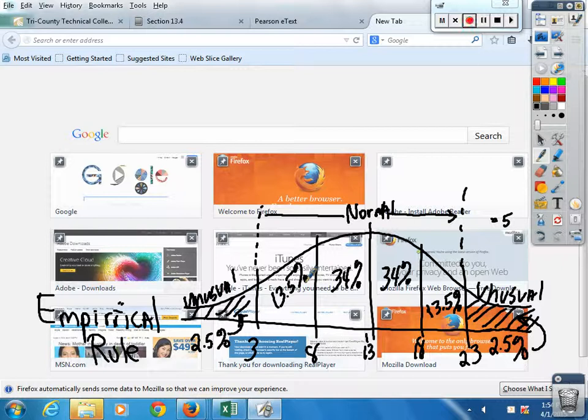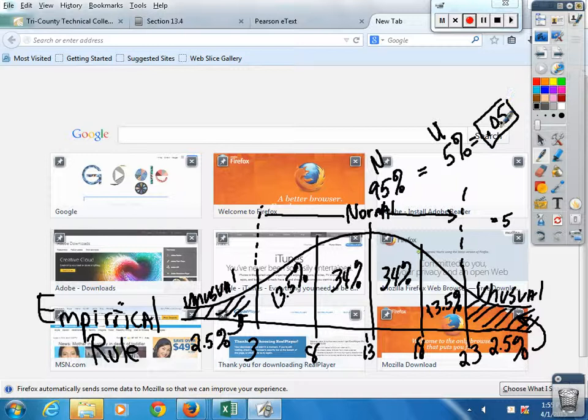Now, if 95% is normal, that means 5% is unusual. The complement of normal is not normal, or unusual, and that's 5%. 5% can be written as 0.05.